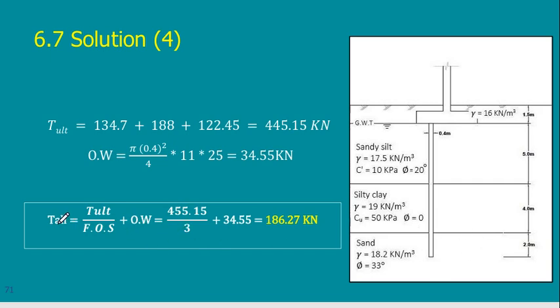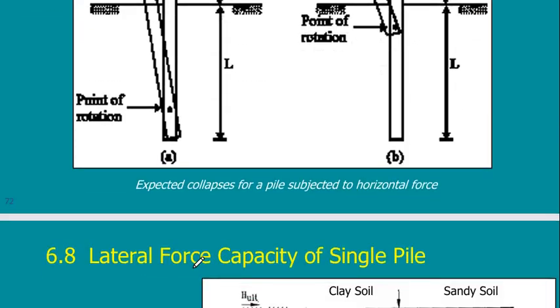But the rule of thumb, you always calculate the structural capacity, compare it to the allowable capacity that you have got from any method you are using, whether tension or compression, and use the minimum of them.